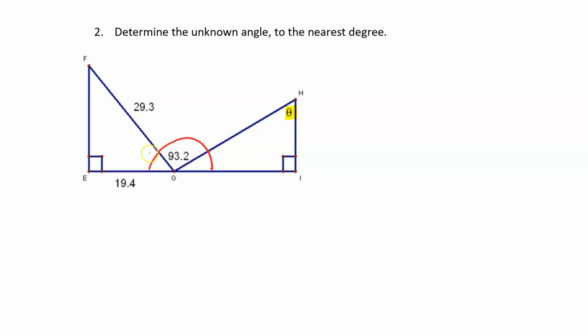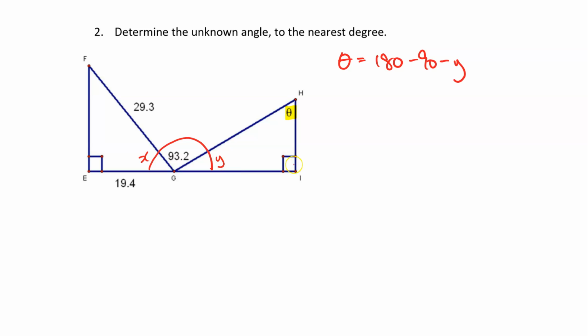So if that's the case, I'm going to come in and just label x and y, because really I'm trying to get y. If I can get y, I can tell you what theta is, right? The real game plan here is I can tell you that theta is equal to 180 degrees, subtract the 90, subtract whatever y is, because the angle sum of any triangle is 180 degrees.